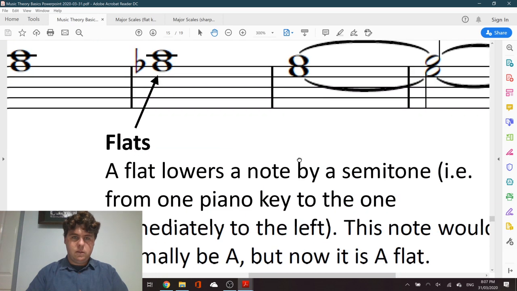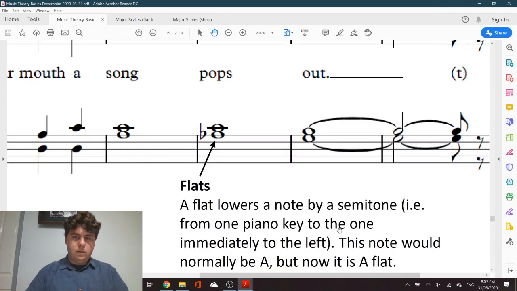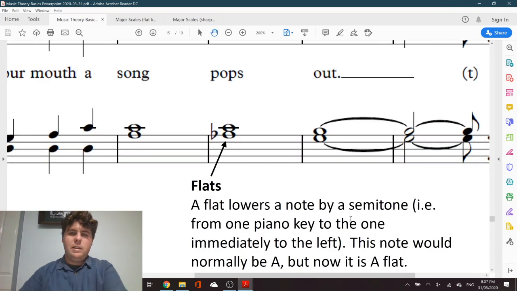Let's have a look at some flats down here. So, a flat lowers a note by a semitone, i.e. from one piano key to the one immediately to the left. This note would normally be an A, but now it is A flat.